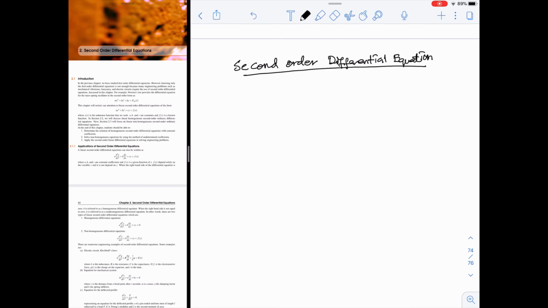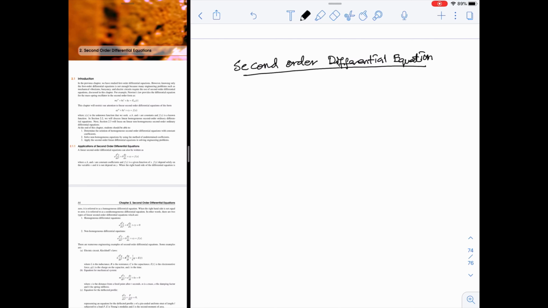Hello everyone, let's move to the second chapter, which is the second order differential equations. Before we go further, let's learn about the second order differential equation.